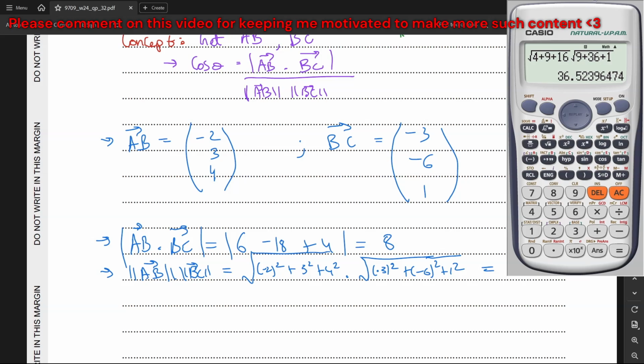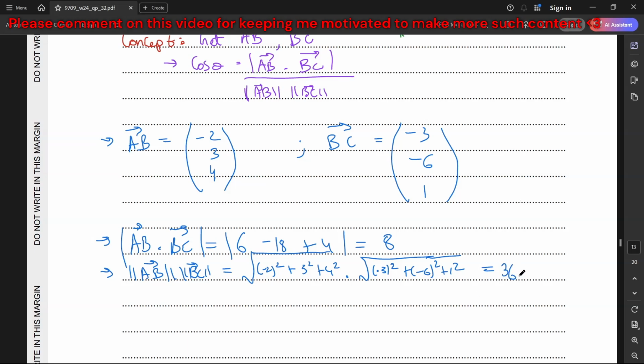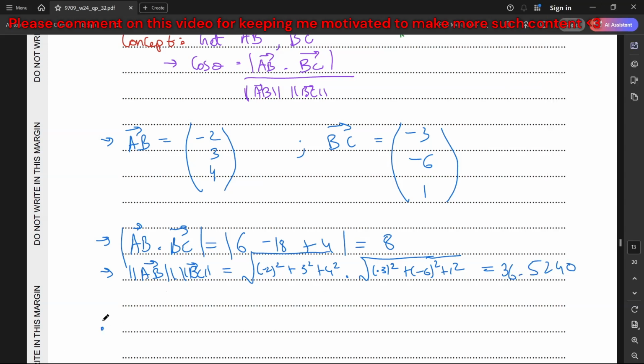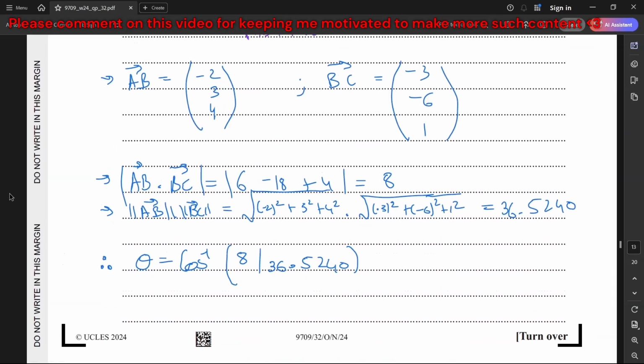36.5240. Great. Now, therefore theta will be equal to cos inverse of 8 over 36.5240, and this helps me get the value of theta.